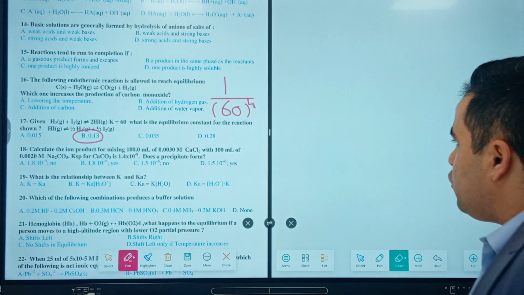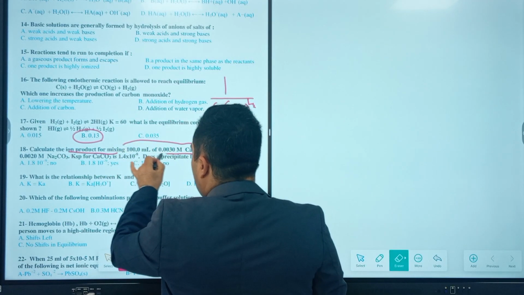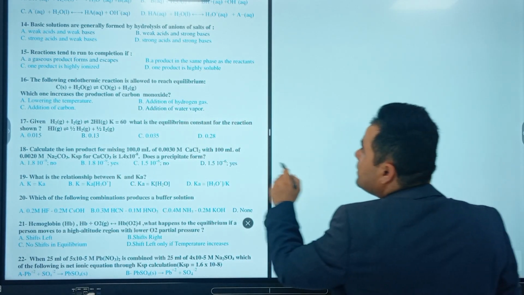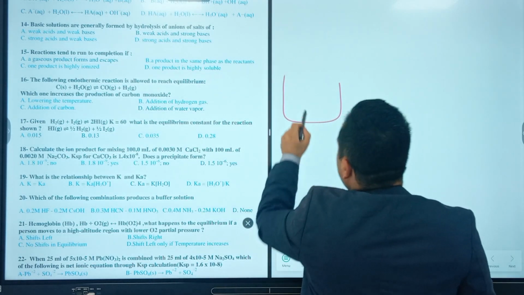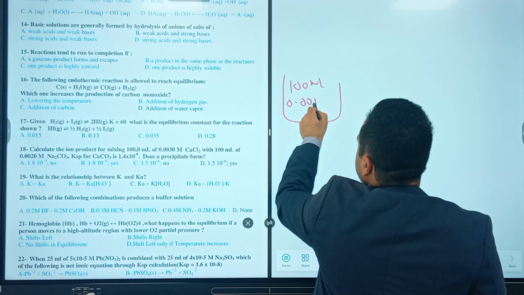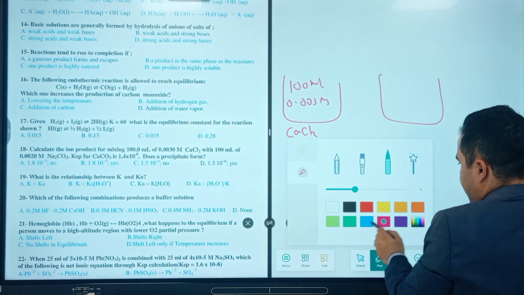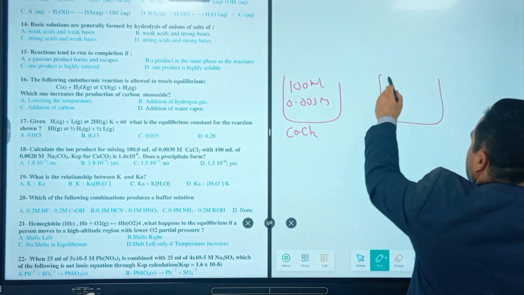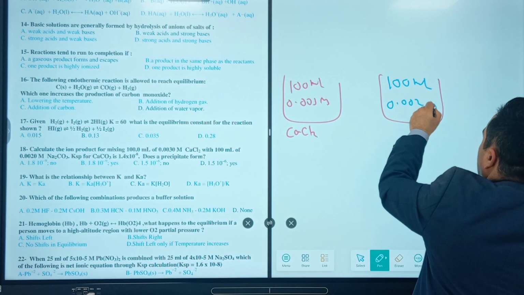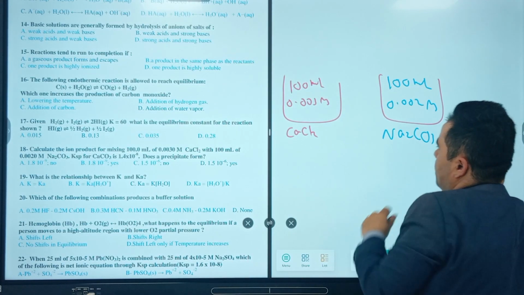Question 18 is also a calculation. Let us calculate the ion product for mixing 100 milliliters of 0.003 molar CaCl2 with 100 milliliters of 0.002 molar Na2CO3.